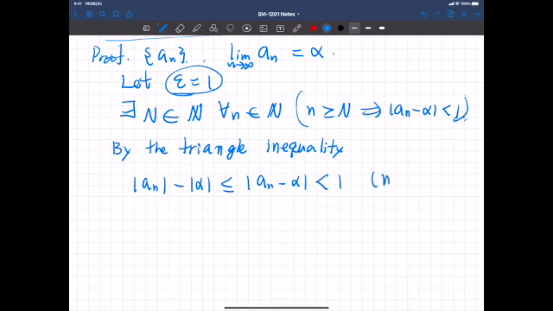I mean, we're assuming this n is greater than or equal to N.